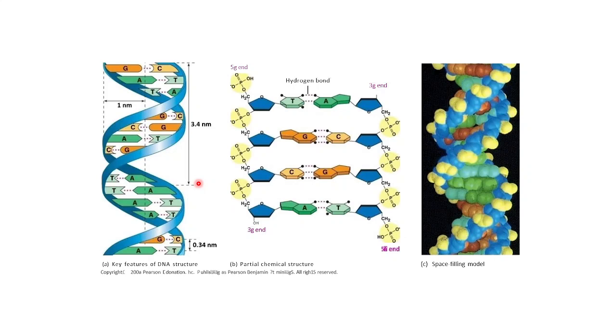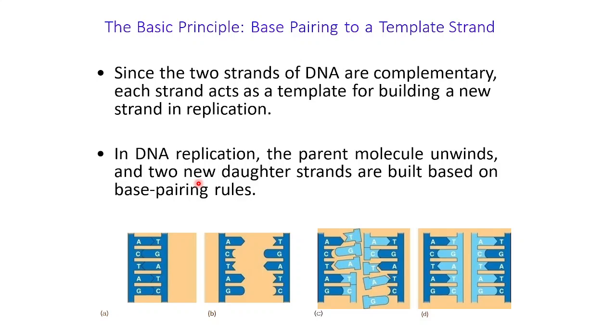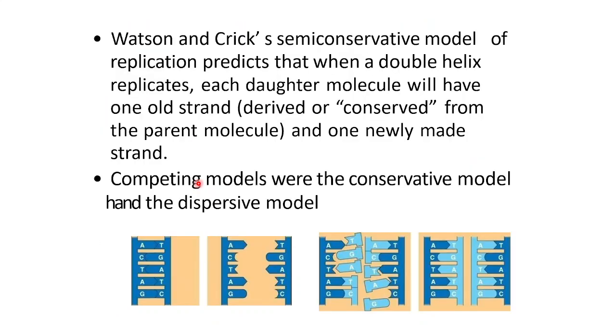So the amount of heat required to break three hydrogen bonds should definitely be more than that required for breaking two hydrogen bonds. So the more GC pairs, the higher the melting temperature of the DNA, or the more stable the DNA, right? So we just need to keep this in mind. Okay.